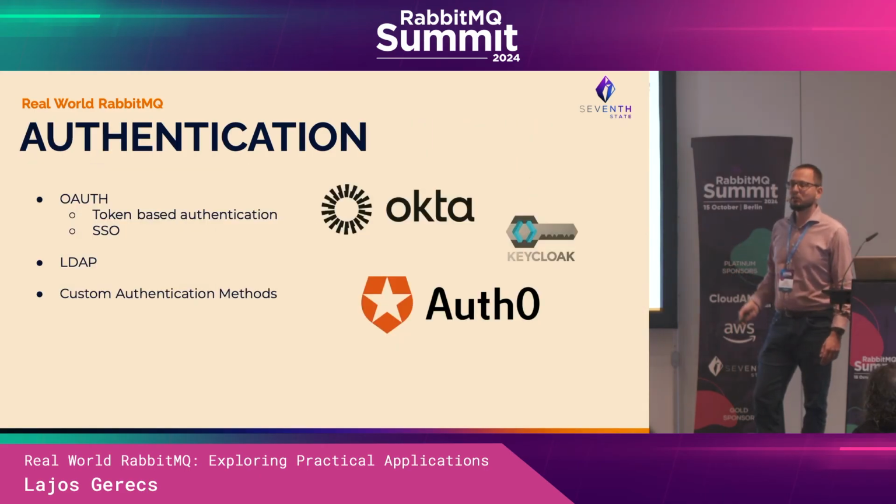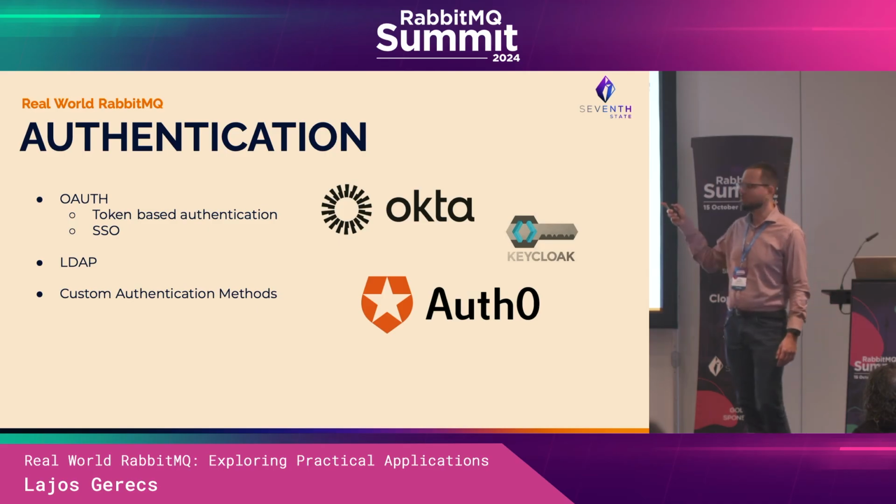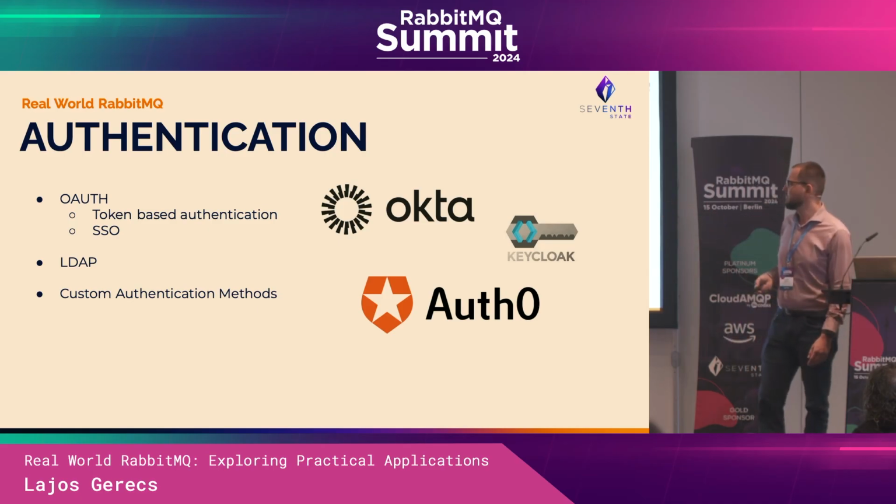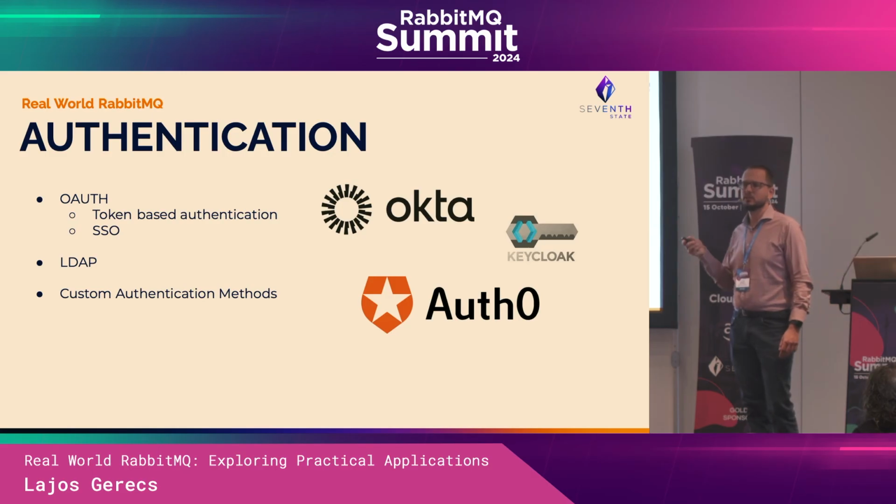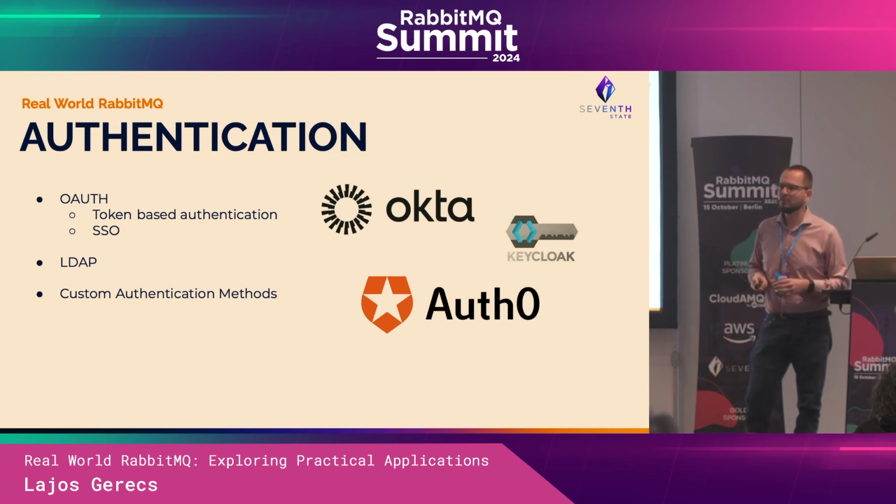RabbitMQ is integrated with a lot of, or at least a few, external authentication providers. The two big ones are the OAuth provider, which is token-based authentication, and now it allows you to do single sign-on as well. So you can redirect your users from the RabbitMQ management interface to, let's say, your Keycloak instance or Okta or whatever, and they can log in with the corporate passwords, and the permissions are controlled by these third-party services.